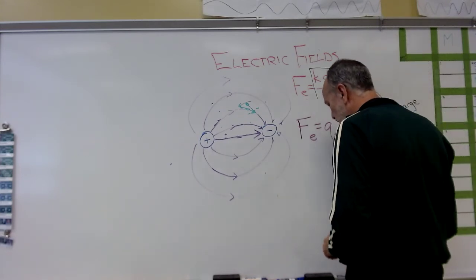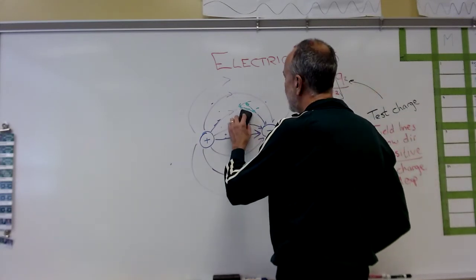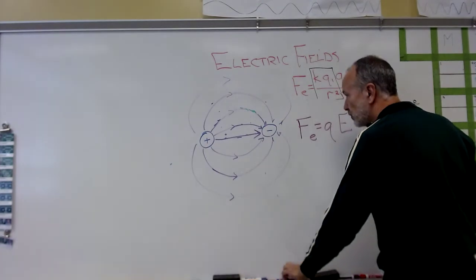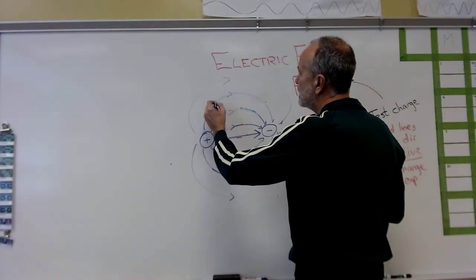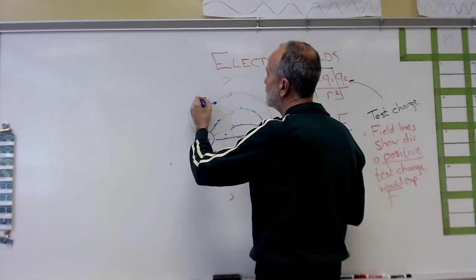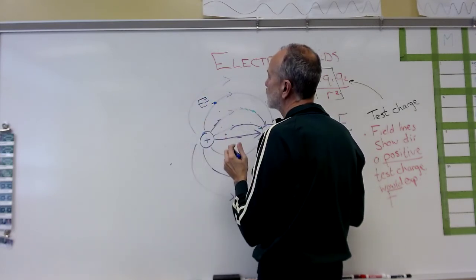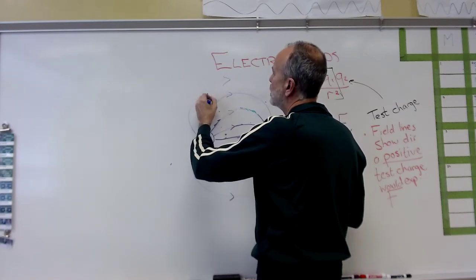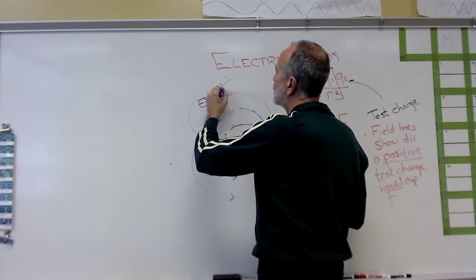Let's do a real quick one. If I have, let's just take this dipole situation, and let's just say right there, I know that the field strength is, let's just say, 100 newtons per coulomb.